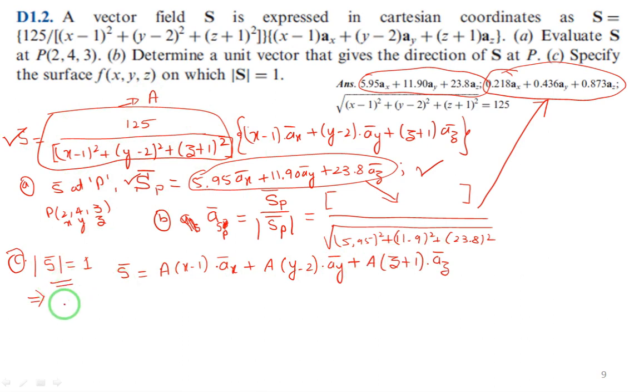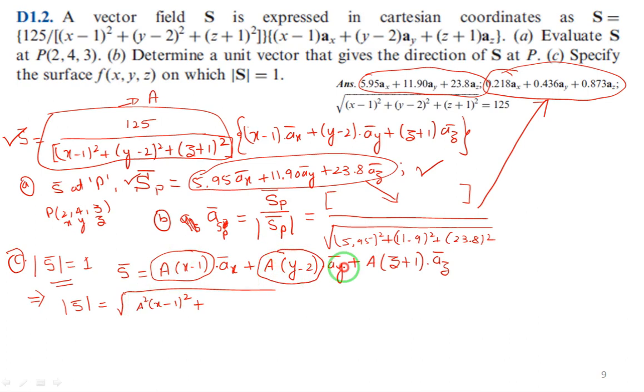Then we have to make use of the data given. Magnitude of s vector is 1. So I will take the magnitude of s vector. Magnitude of s vector is equal to the square root of the sum of component squares. You know this, right? Square root of a square into x minus 1 whole square, plus, these are the components. A into x minus 1 is a scalar component of the vector.